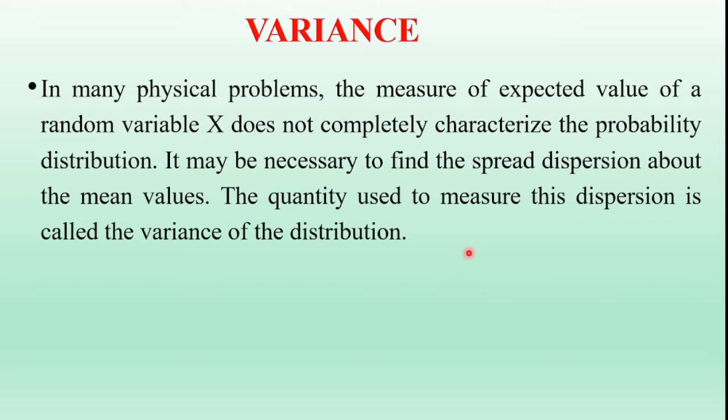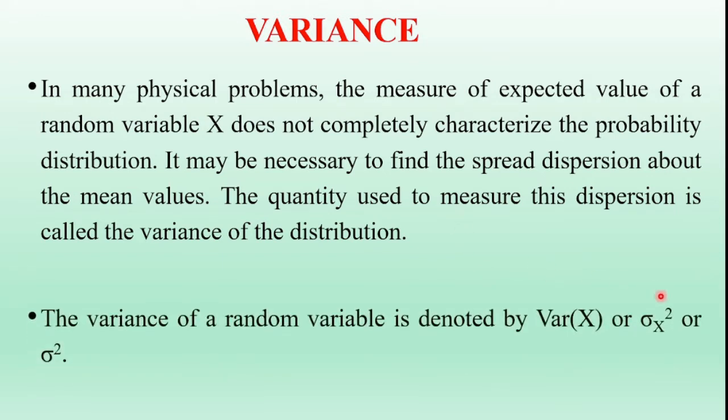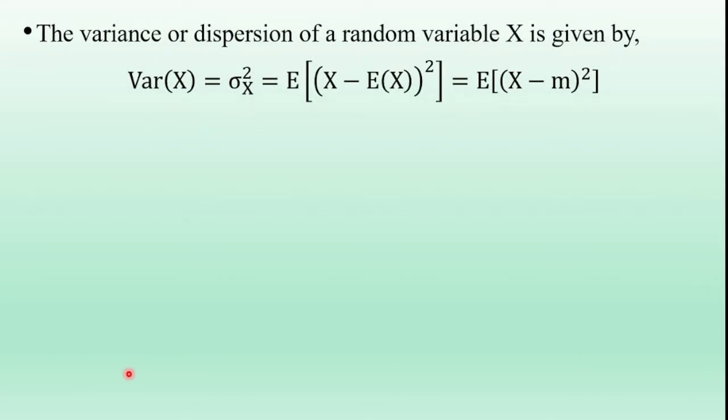The variance of the random variable X is denoted by variance of X, or sigma suffix X square, or simply sigma square. The variance, or the dispersion, of a random variable X is defined as variance of X, or sigma X square, is equal to expectation of (X minus E of X) whole square, or expectation of (X minus m) whole square, where m, or expectation of X, is the expected value of the random variable.